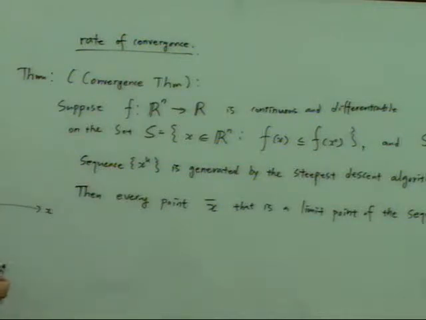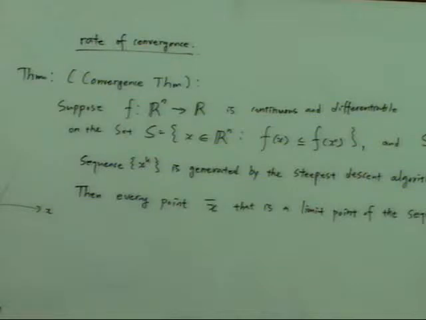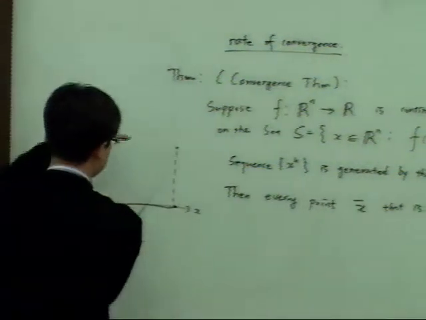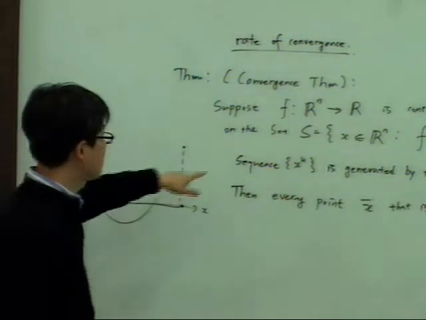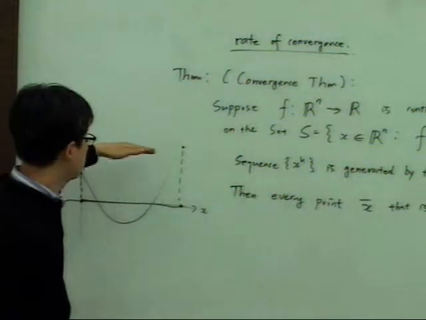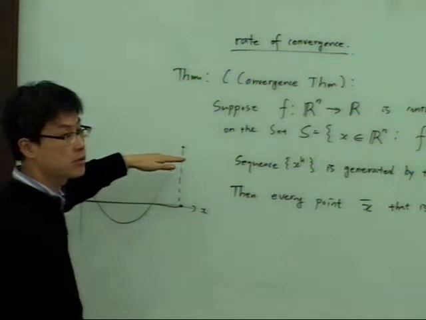So let's go back to high school. Continuous and differentiable. Okay? First things first. How about this quadratic function? We have to choose a closed and bounded set, so I choose from here to here. It's a closed and bounded set S. Then the function will exist in this region, and it also satisfies this condition: for some x, all function values are less than that.